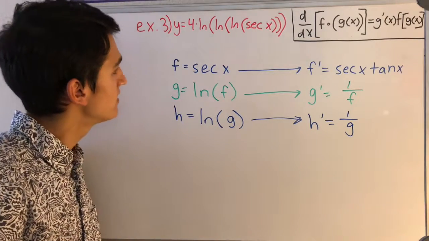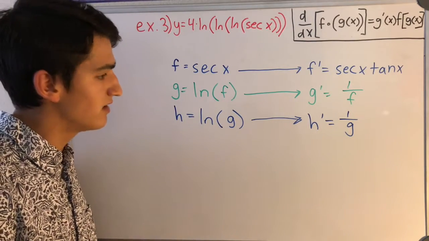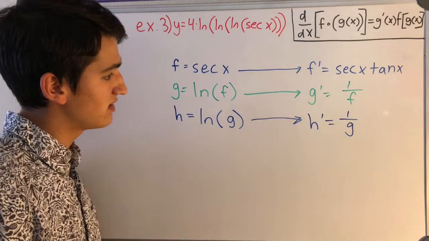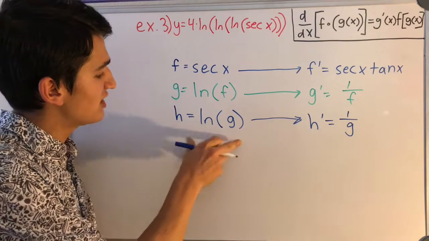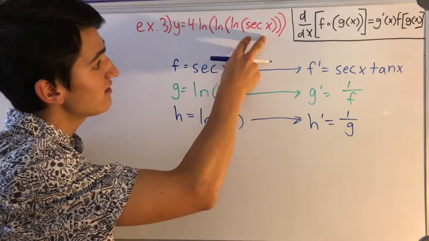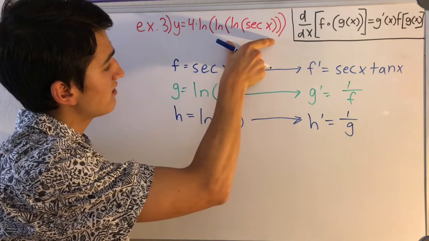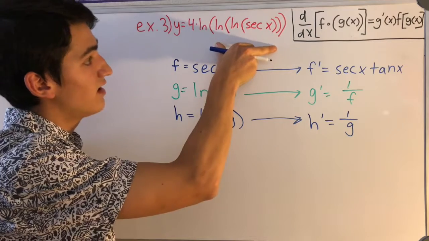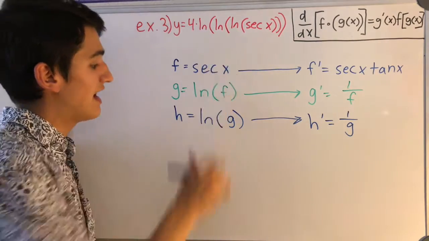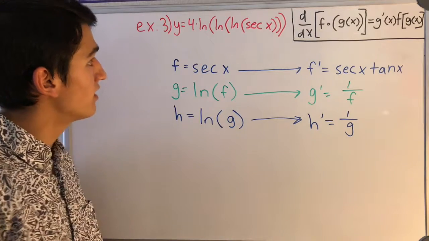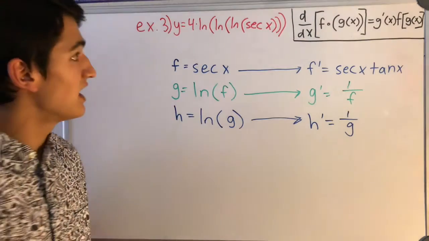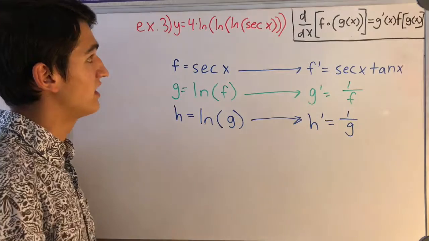Again, next step, we're doing the exact same thing again. So what function nests all of these? We've done secant of x, we've done the first natural log of it, we've done another natural log, and now we're on to the outermost function, which is simply 4 times the natural log of everything inside of it.